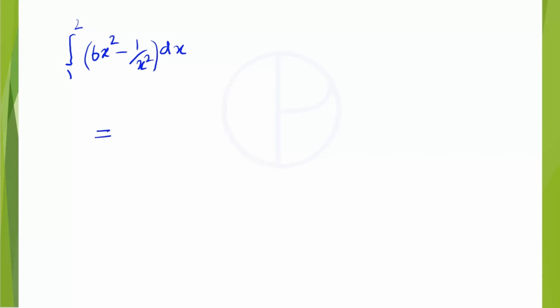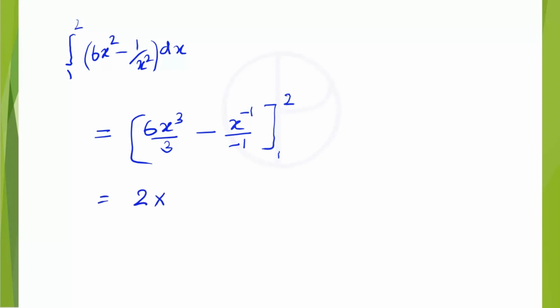So how to integrate this one? 6x cube divided by 3 minus x power minus 1 divided by minus 1, and the limit is 1 to 2. 6 over 3 gives 2 multiplied by the upper limit 2 cube, minus into minus, it will become plus 2 power minus 1. We can write it as 1 over 2.